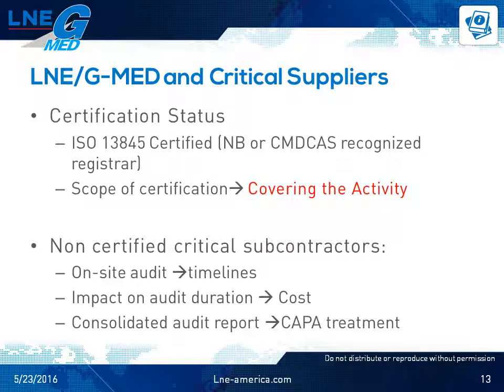Since there is an impact on the audit duration, audit planning, and certification process timeline, legal manufacturers need to consider the likelihood of on-site audits of suppliers in their subcontractor agreements, allowing access for the auditors. Any nonconformities arising from the subcontractor audits are to be treated as part of the legal manufacturer's routine certification process.